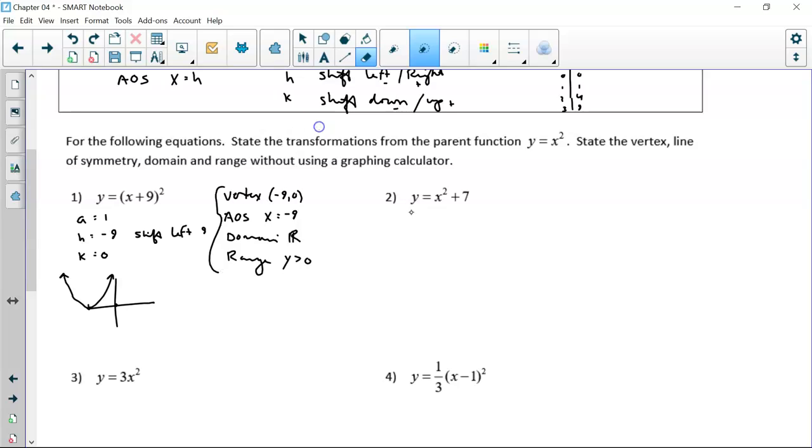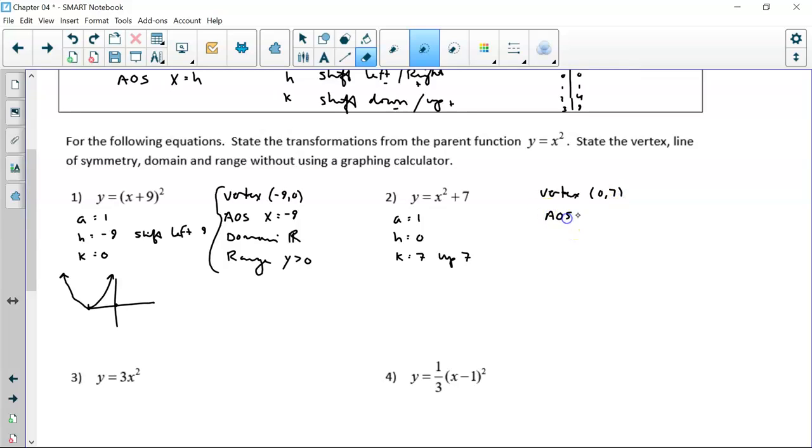For number 2, I want to identify a, h, and k. A, the leading coefficient, is 1. H is in parentheses. There's no parentheses here, so h is 0, and k is the number at the end. It's 7. So that means the only transformation that's occurring is we're going up 7. So our vertex is going to be at (0, 7).